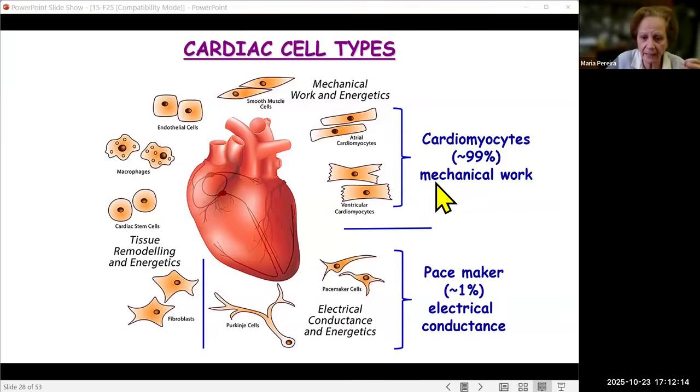So they only do mechanical work, like the skeletal muscle, they'll contract and relax.